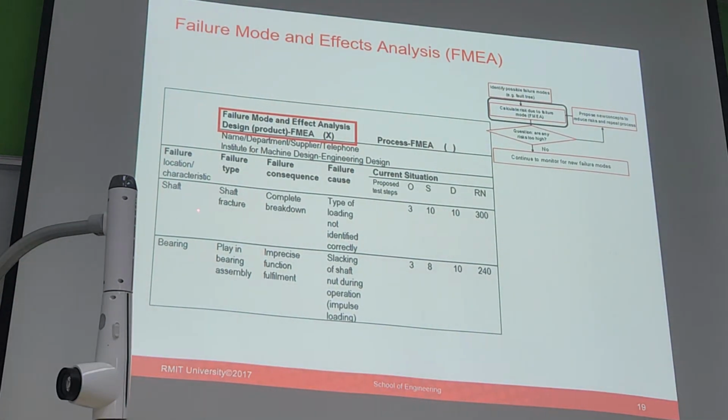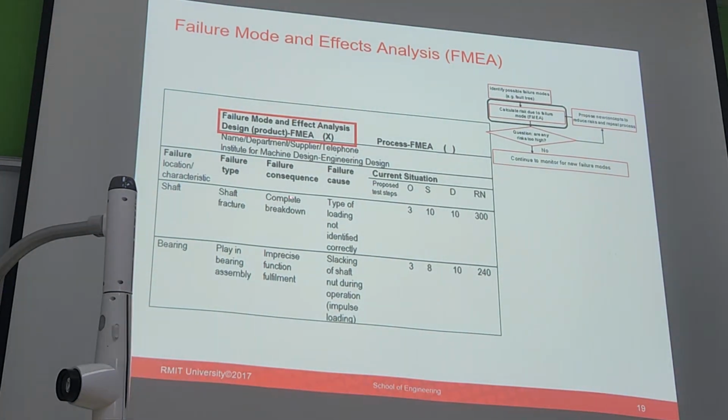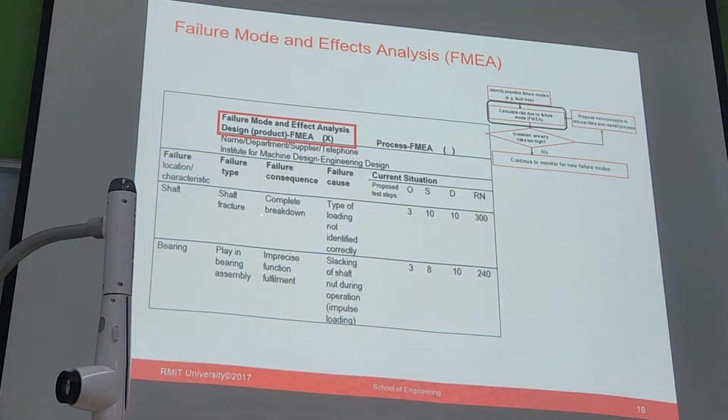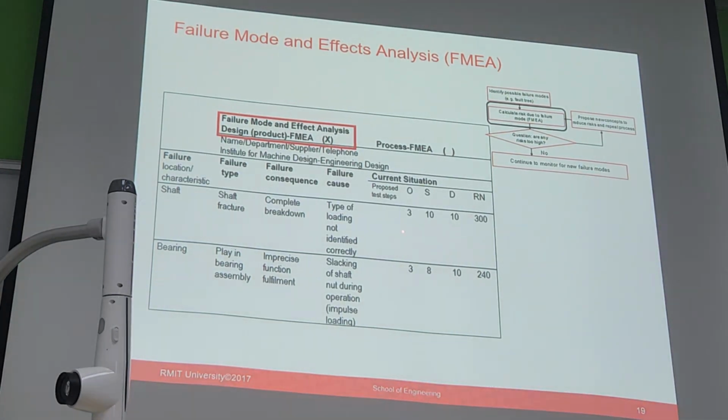Write shaft, and the shaft fracture, for example, and the failure effect is the complete breakdown, and the why is the type of loading not identified correctly. How much is the O, occurrence? 3.